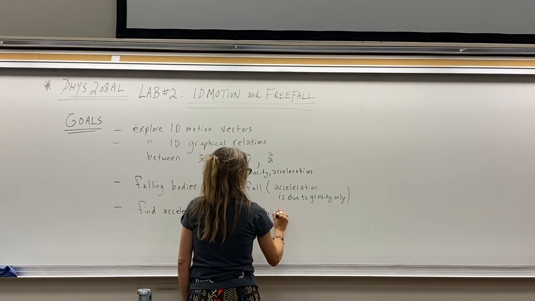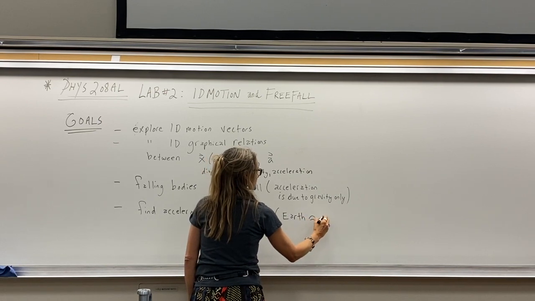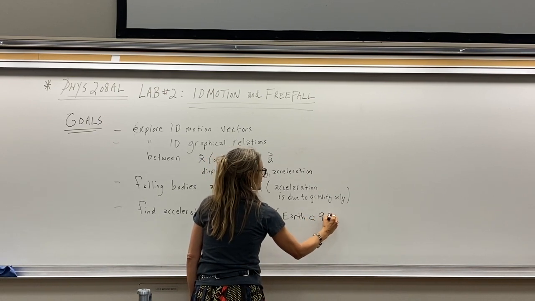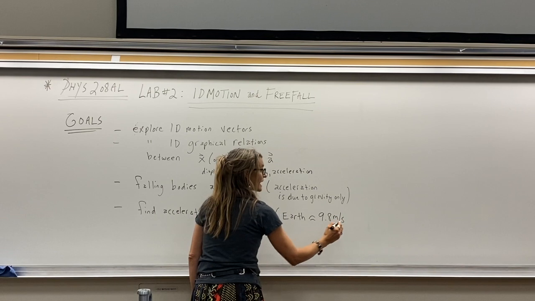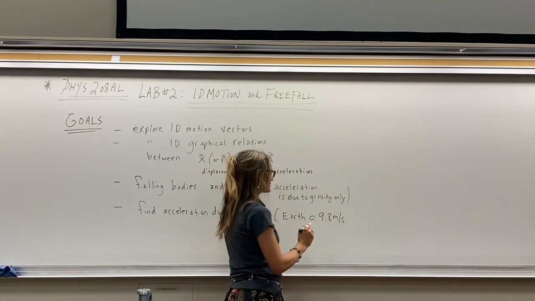So for Earth, this is approximately 9.8 meters per second every second. That's how much the velocity is changing every second.